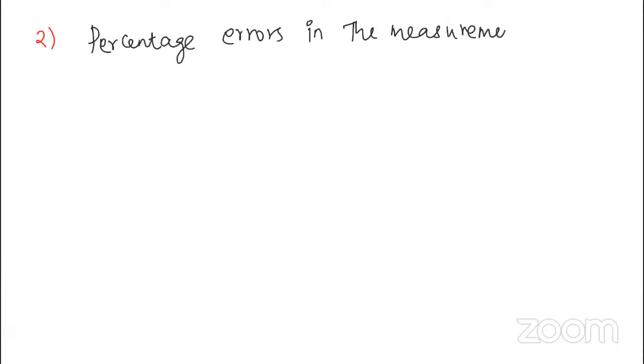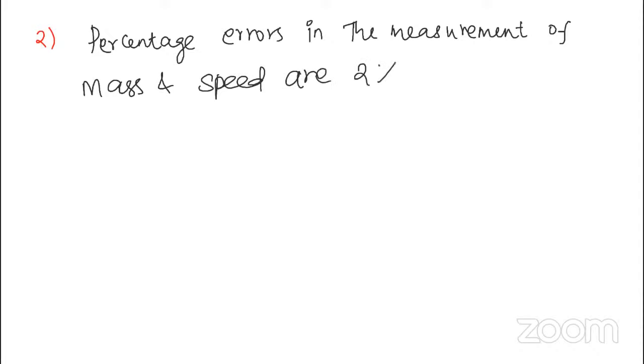Percentage errors in the measurement of mass and speed are 2% and 3% respectively.